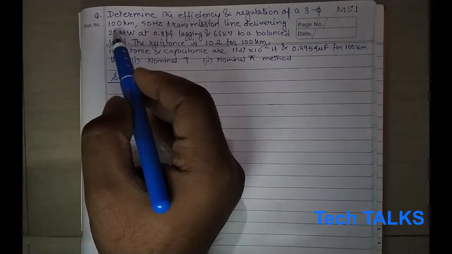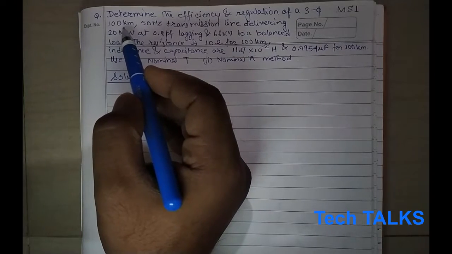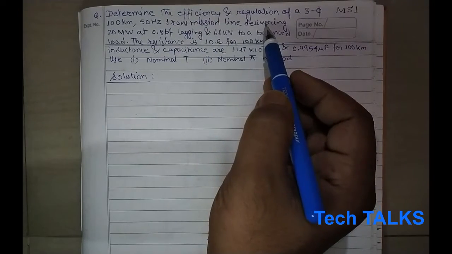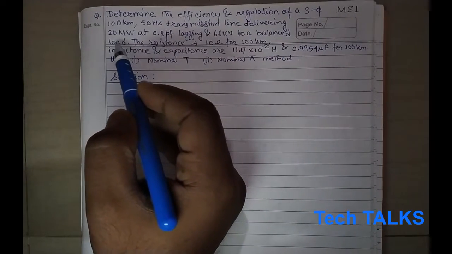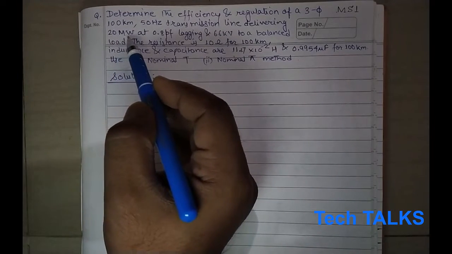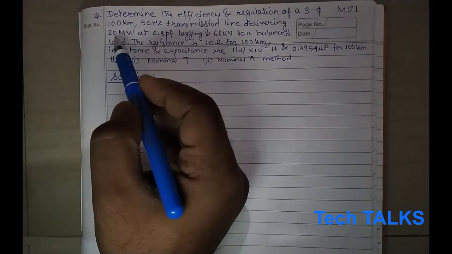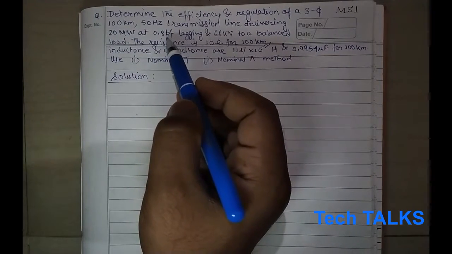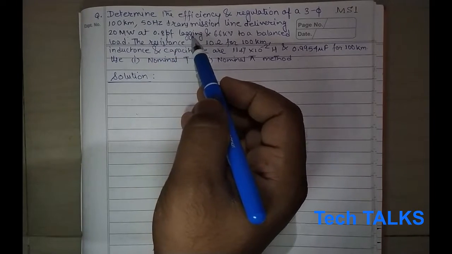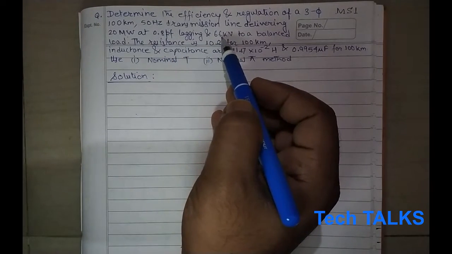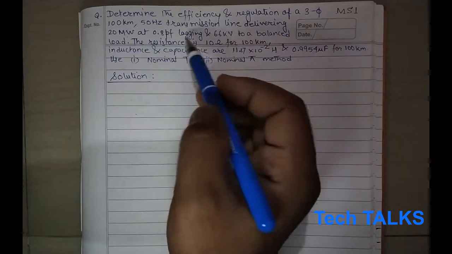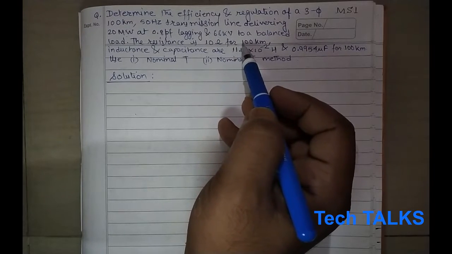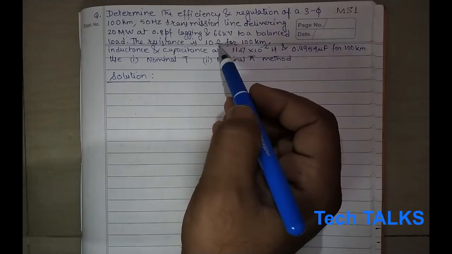The system is a 100 kilometer, 50 hertz transmission line delivering a load of 20 megawatt at 0.8 power factor lagging, and the voltage is 66 kilovolt, to a balanced load. The resistance is 10 ohm for 100 kilometer, that is, 10 ohm is the total resistance.